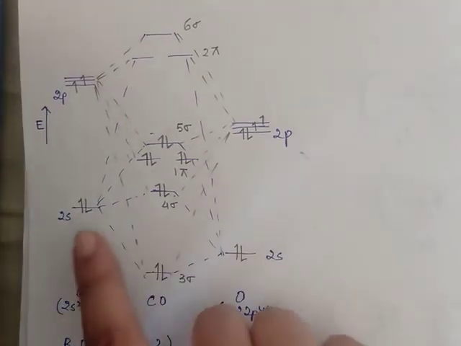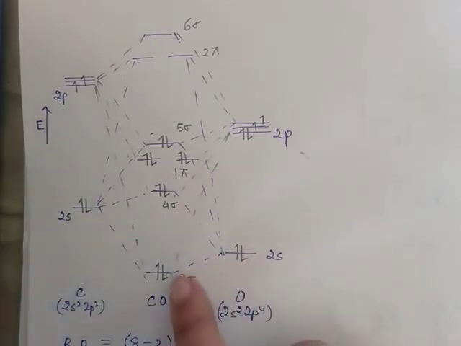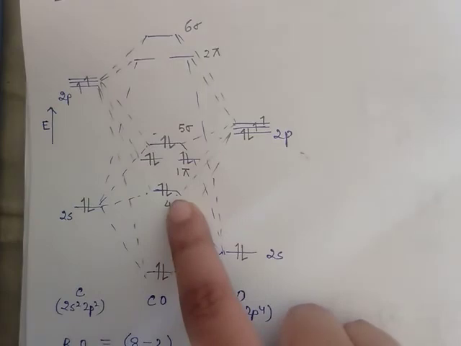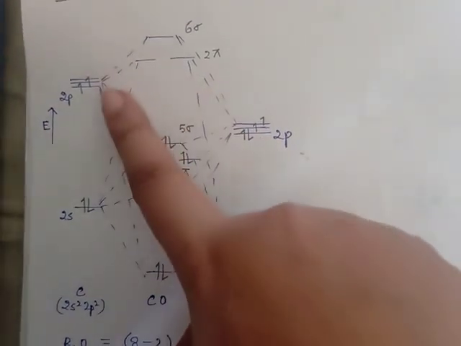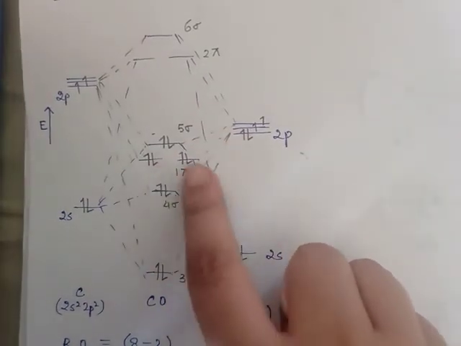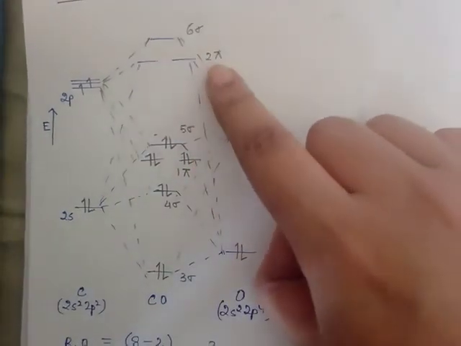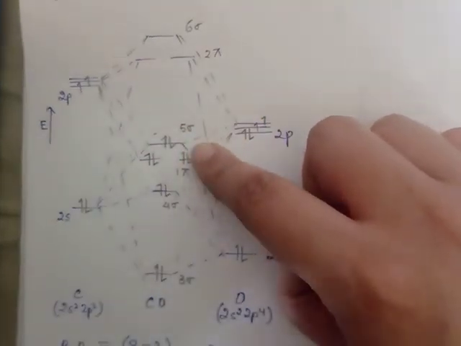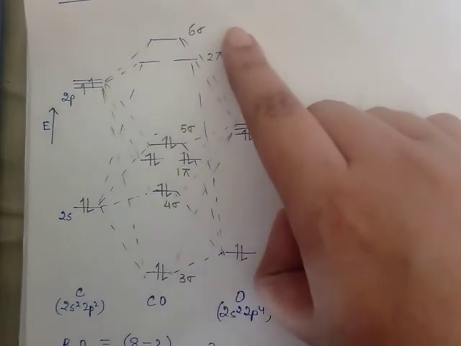The 2s undergoes overlap with this 2s to give one sigma bonding orbital and one sigma anti-bonding orbital. And here the 2p and this 2p undergo overlap to form pi bonding orbitals, pi anti-bonding orbitals, sigma bonding orbitals and sigma anti-bonding orbitals.